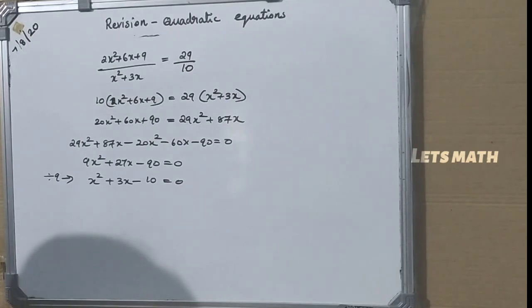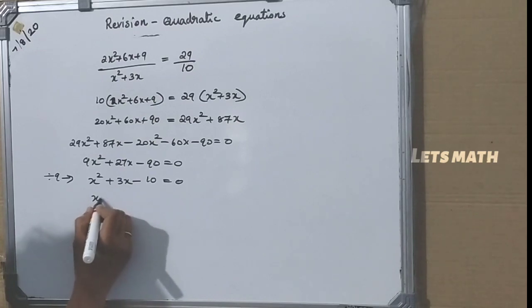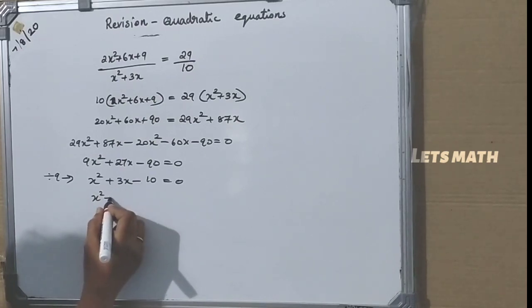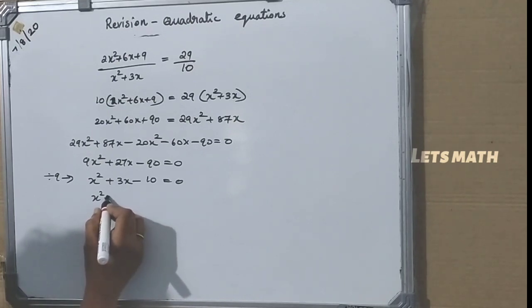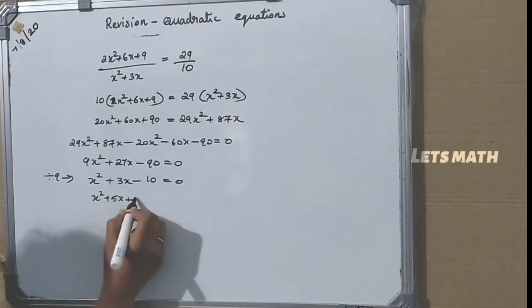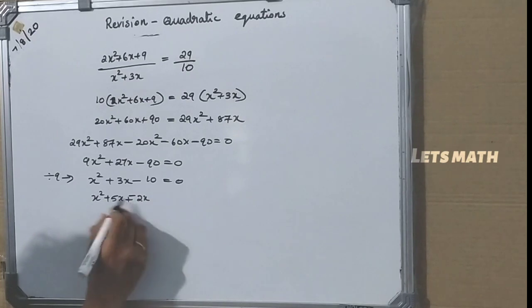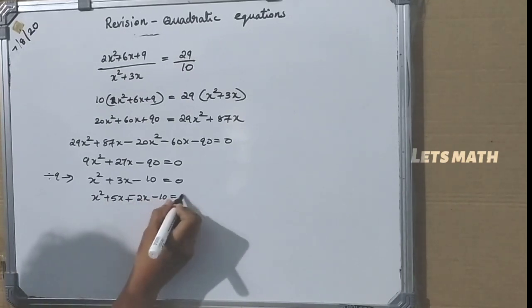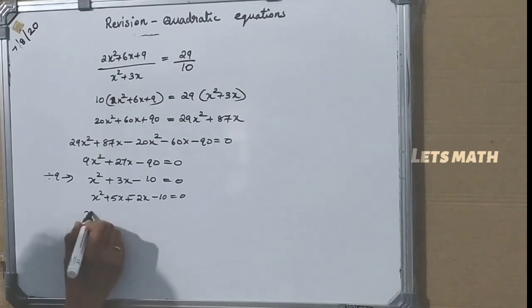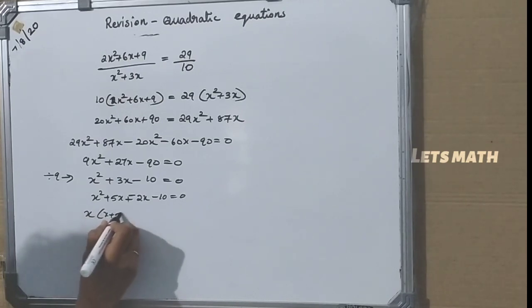Now it is a simple equation. You can use the splitting of the middle term also. That is, product minus 10, that you can choose as plus 5x and minus 2x, so that the sum is 3x and product is minus 10. 5 and minus 2, so take the common factor.